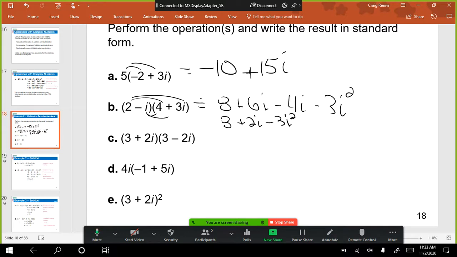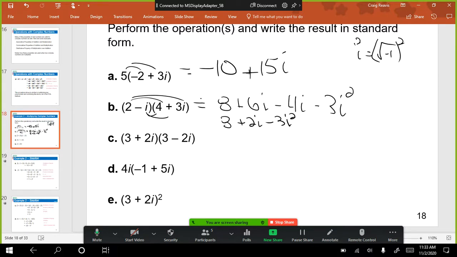i squared, which we know i is equal to the square root of negative 1, right? And if I were to square i, or square both sides, what happens when we square a square root? We lose the square root, right?